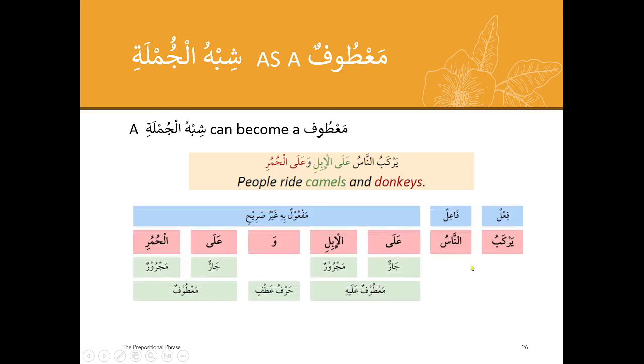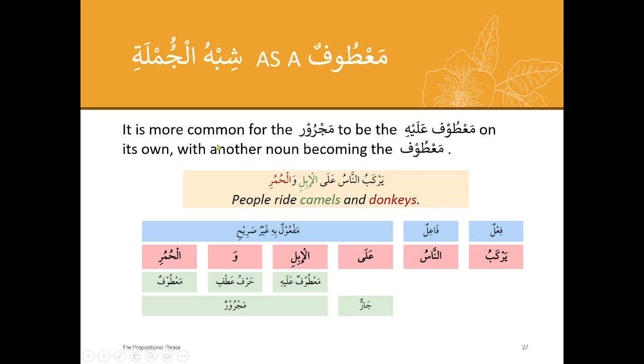Here we go: this is ma'tuf alayh, your harf al-atf, and your ma'tuf. And both of them are jar and majrur. So this will be maf'ulun bihi ghayr sarih, because it's not directly connected to the fi'il. There's something in between.